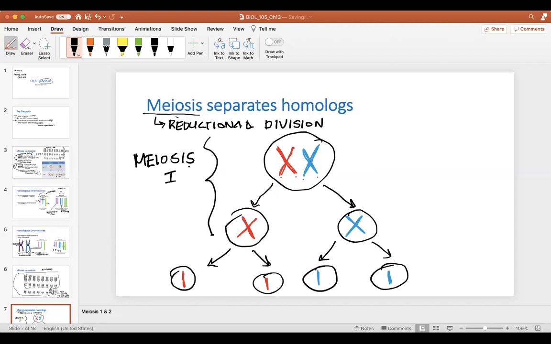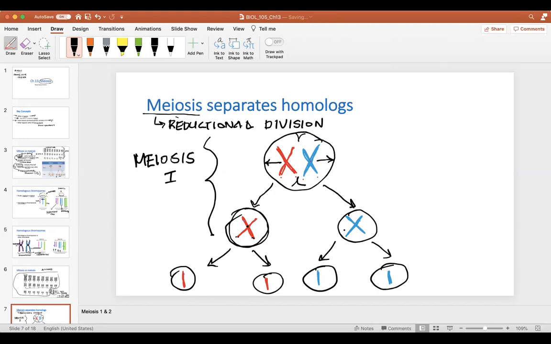We're going to go into some more detail, but what's basically happening in meiosis 1 is that some spindle fibers attach, and they're going to pull this homolog that way and this homolog that way. Cytokinesis will pinch in, and you'll have a situation where you have an intact copied chromosome with its centromere intact and its sister chromatids intact in your first cell here.